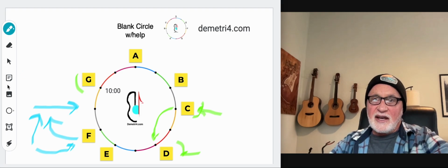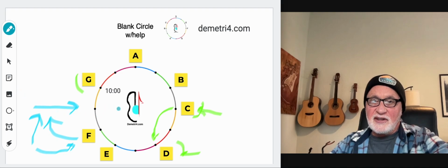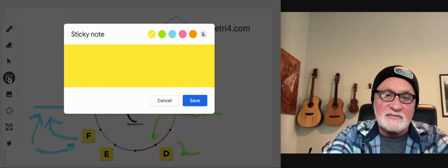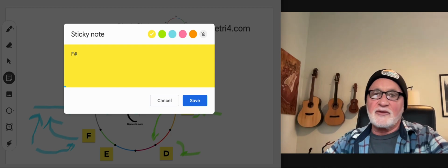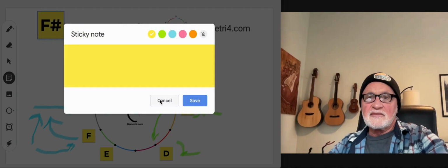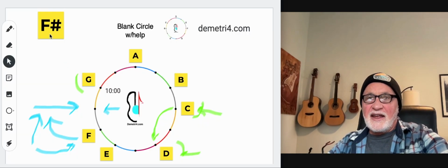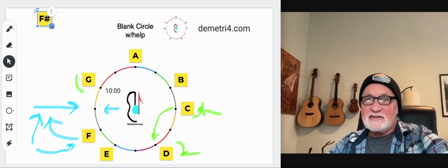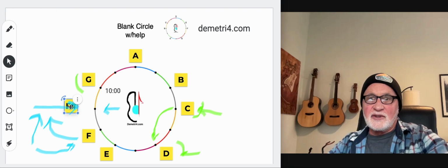So to do that, we're going to use what's called a chromatic or an accidental. So to find this note here, we're going to need another post-it, and we're going to add a sharp sign to it. And that tells us that we are here.